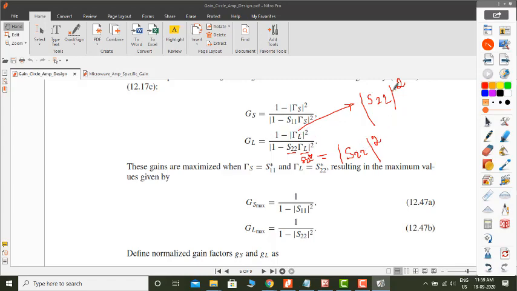Then the upper one is 1 minus modulus S22 square, and the lower one is modulus of 1 minus modulus S22 square, whole square. Therefore, we can simplify as 1 by 1 minus modulus of S22 square.